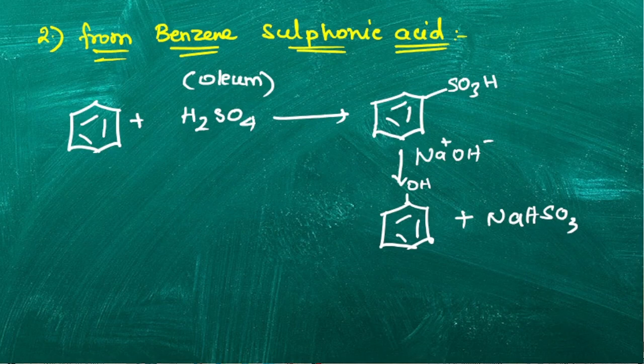Right. So third, you can prepare from diazonium salt. So how you can prepare from diazonium salt? Now listen here, first you are taking the benzene ring with NH2.